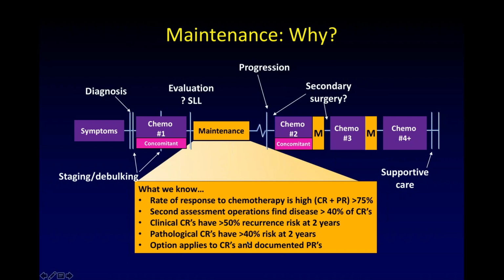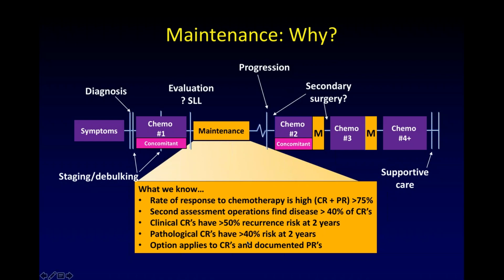As I mentioned in the beginning, although CAT scans and CA-125s can normalize in response to treatment, there's a very high proportion of patients where, if we actually look by surgery, we're able to find very small nodules, or what we call subclinical disease, in the abdominal cavity. The chemotherapy that we are using is quite active and has a very high rate of responses.